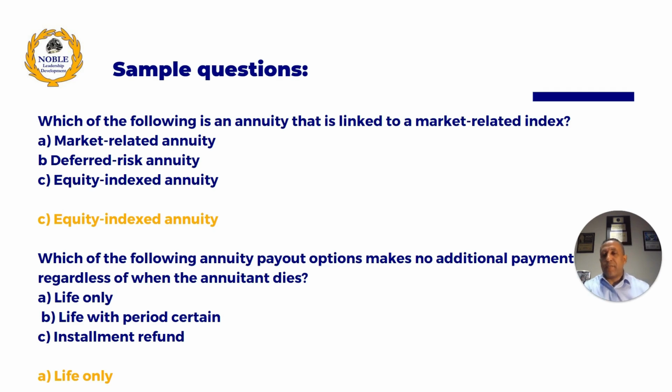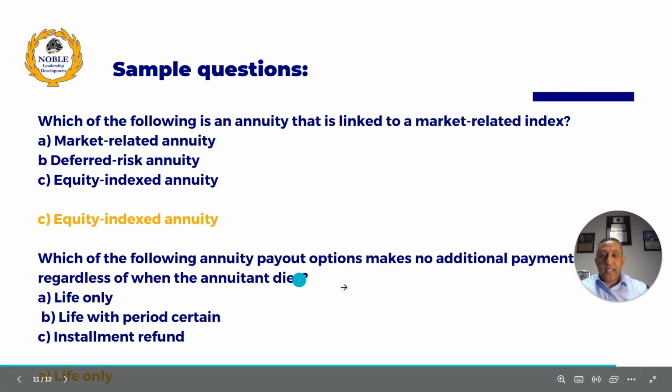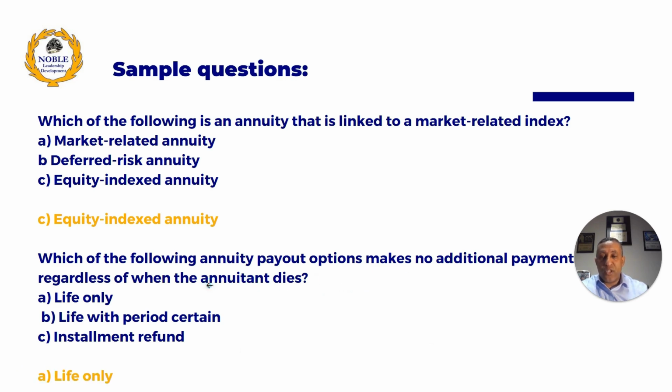Which of the following annuity payout options makes no additional payment regardless of when the annuitant dies? So payout options of an annuity decide what's being paid to the beneficiary if the annuitant dies. This is asking about no additional payment to the beneficiary regardless of when the annuitant dies.